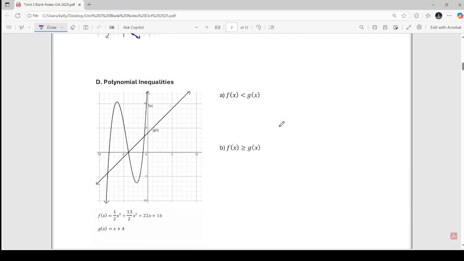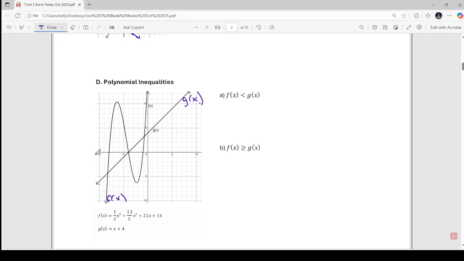For polynomial inequalities, note that f of x is degree 3 and g of x is linear. Okay, so we know which is which. Oh, sorry, they were labeled there already. Anyways, it can't hurt to just orient yourself a little bit. So when is f of x, the cubic, less than g of x?